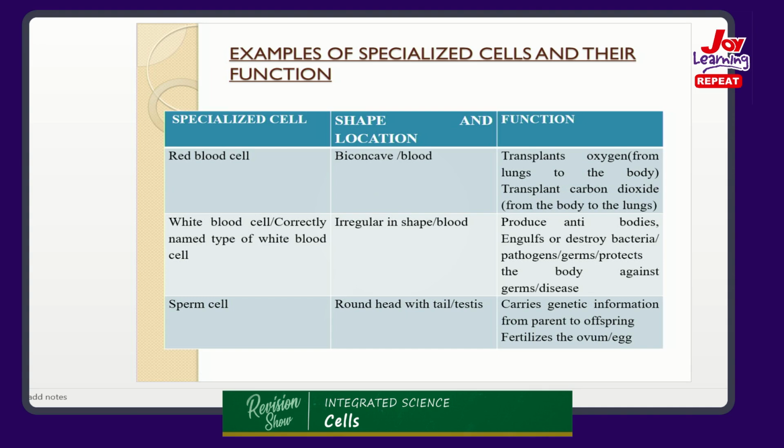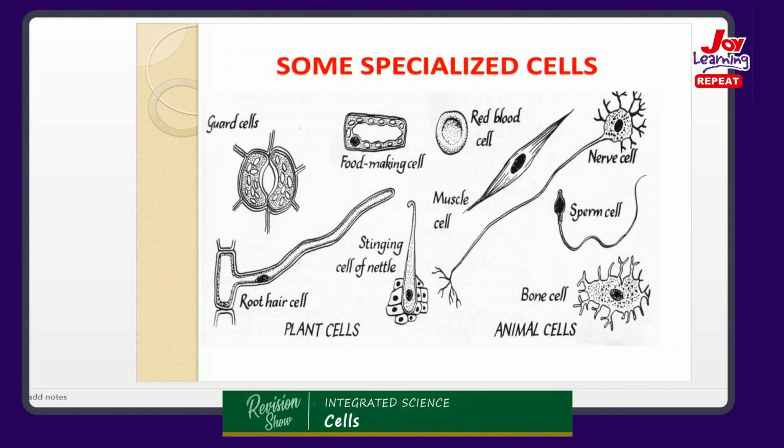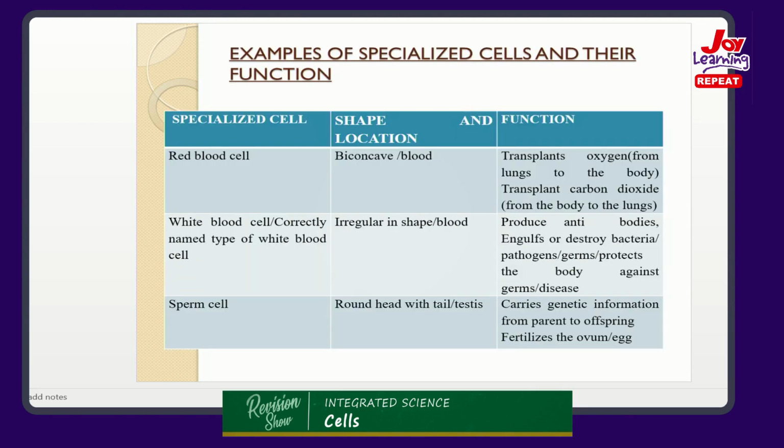Red blood cell is to transport oxygen. White blood cell is to destroy bacteria that enter us. The sperm cell you saw on the screen is for carrying information from parents during fertilization.